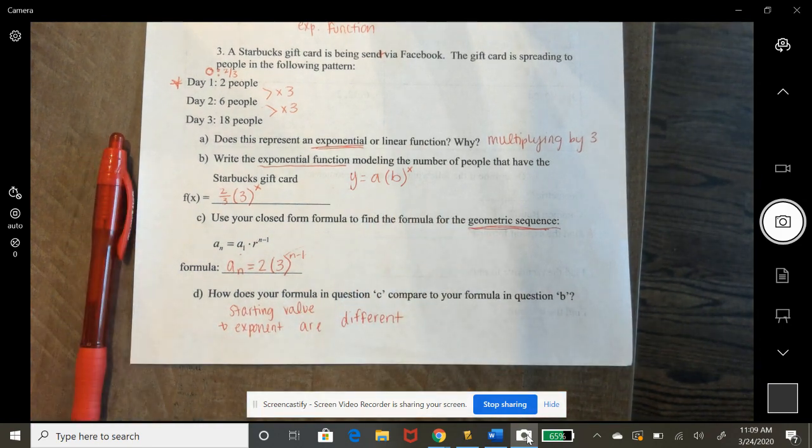Okay, but if we were to type these into Desmos or your graphing calculator, you would see that these actually are the same exact graph. They're just written in 2 different ways. So they still will work. It just depends on which one is the best way to model depending on the scenario.